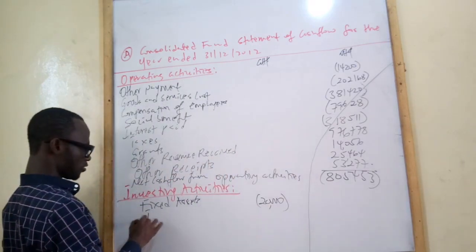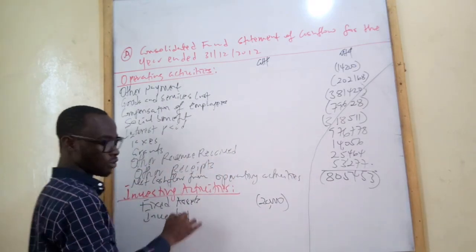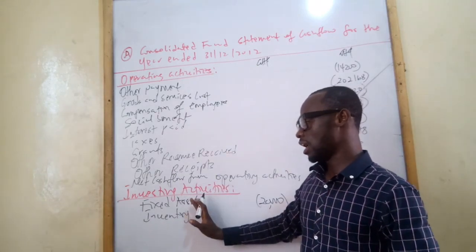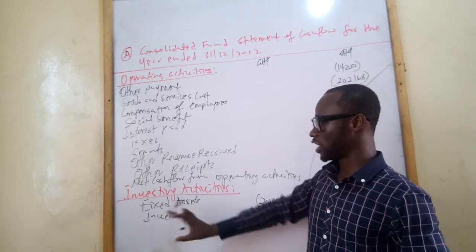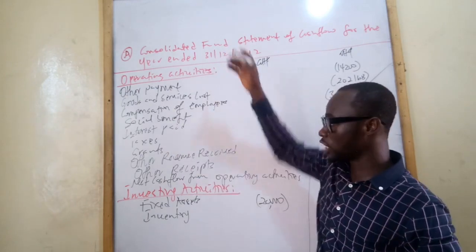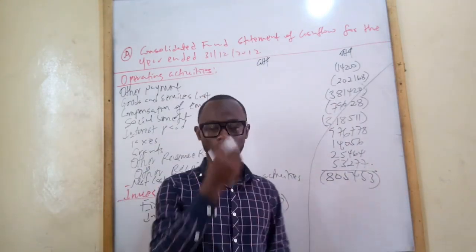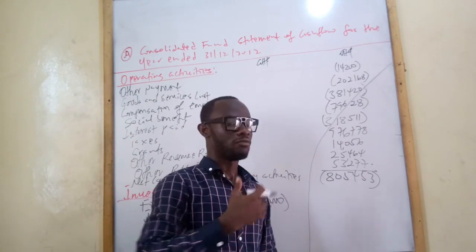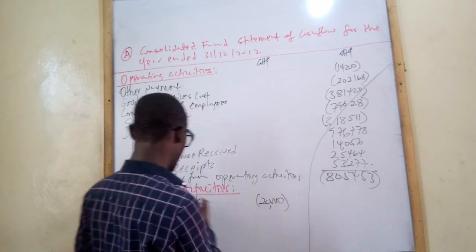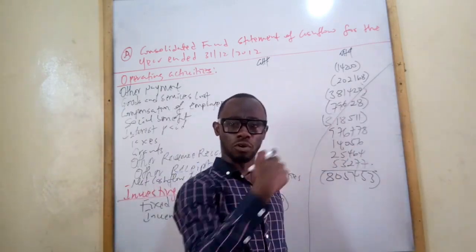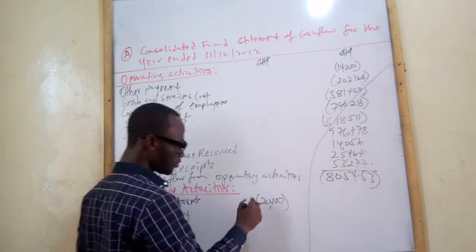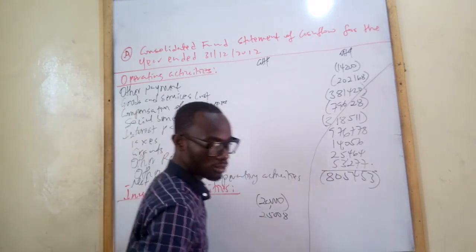Then inventory. It's also a cost that we're going to incur. It is not part of the core activities of the organization. That is why it is coming under the investing activities. Inventory is not core, okay? It's not part of the core operations of the consolidated fund, because we can acquire inventories of maybe fertilizers, we can acquire inventory of government stores or whatever it is, and it is more or less like using it for a project. So that is why we bring it under investing activities, and that is 25 and 8.